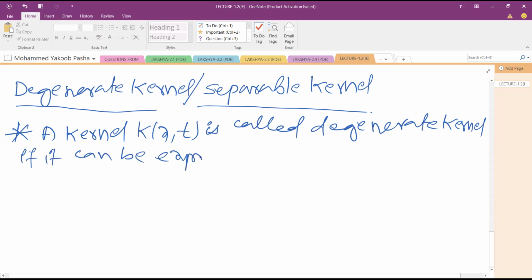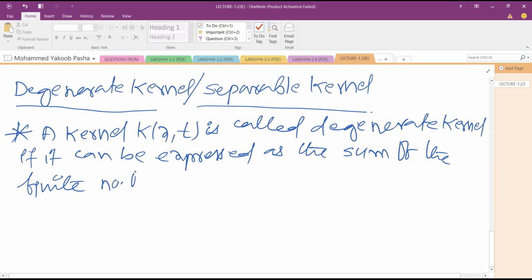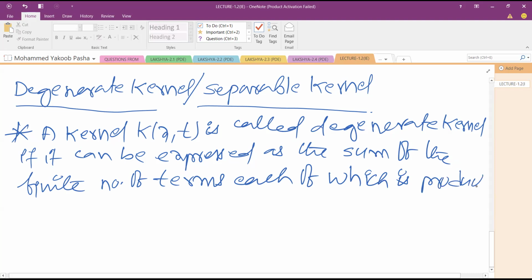expressed as the sum of a finite number of terms, each of which is a product of functions of x and t.